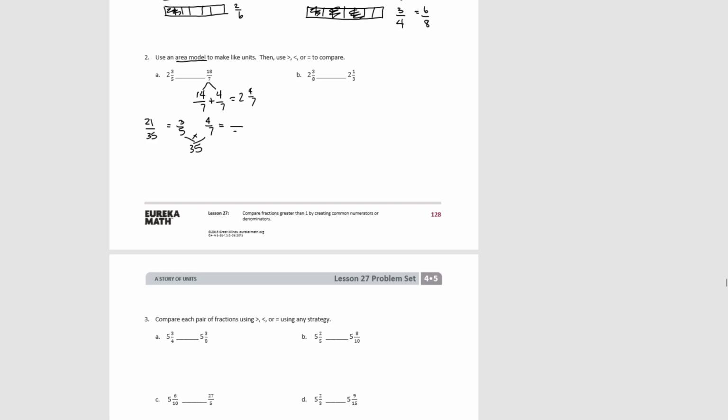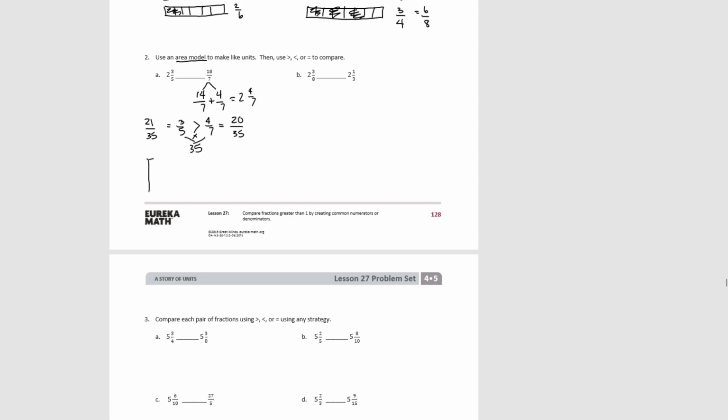And here, to get 35ths, we're multiplying by 5. 7 times 5 is 35, so 4 times 5 is 20. So we see that 21 35ths is greater than 20 35ths. So 3/5 is greater than 4/7.